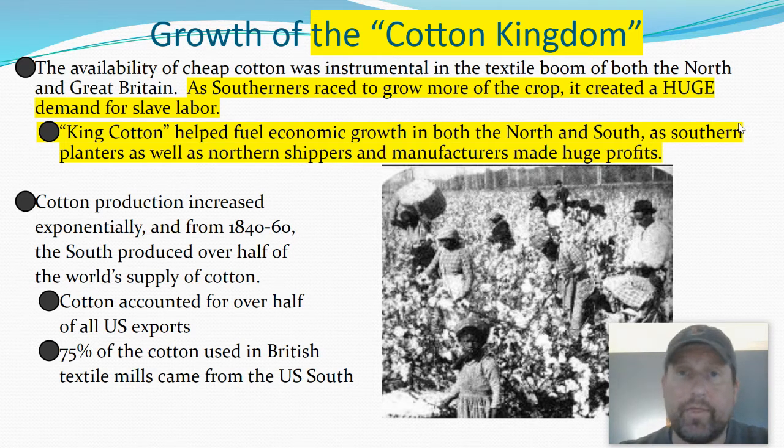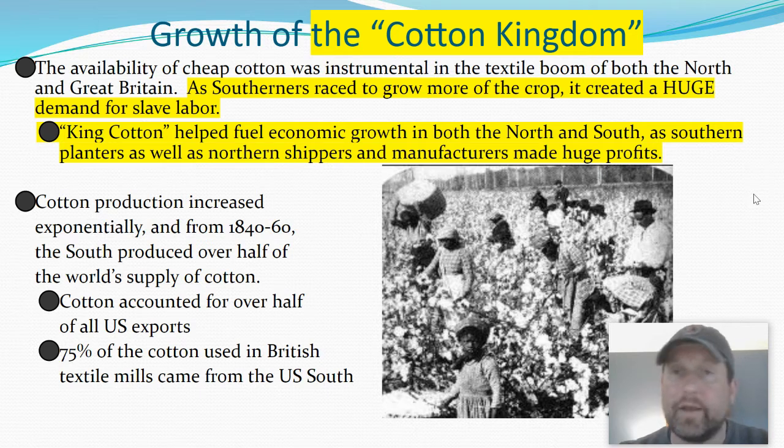This is in large part what makes, or at least assists, America to become wealthy, because it feeds that textile industry in the North, and it becomes a huge raw product for the purposes of export as well.